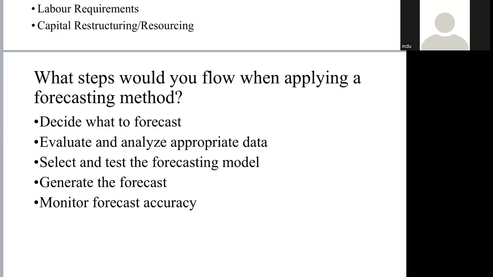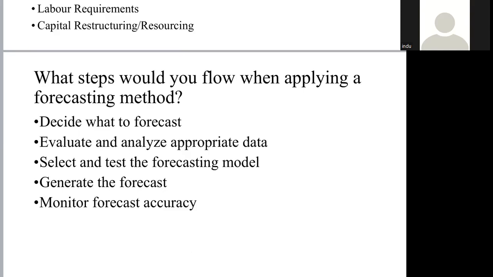So when we evaluate and analyze appropriate data, the person who is forecasting can get more information about the forecast. And as the third step, the forecaster needs to select and test the forecasting model.